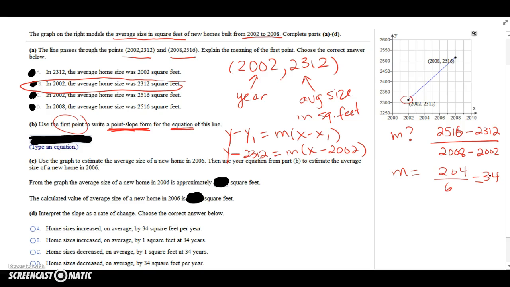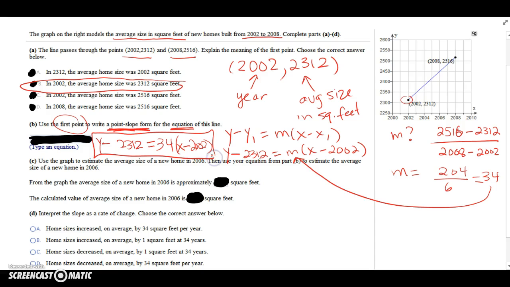So we go and we plug it back in, which means part B, the answer is y minus the y value, 2312, equals m, we just found to be 34, so we're going to plug that back into the m value. X minus 2002 was the x-coordinate they asked us to use.